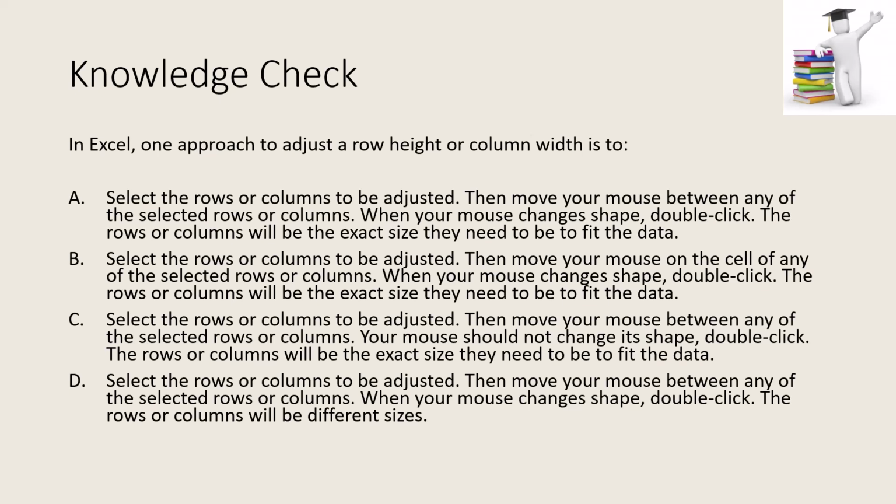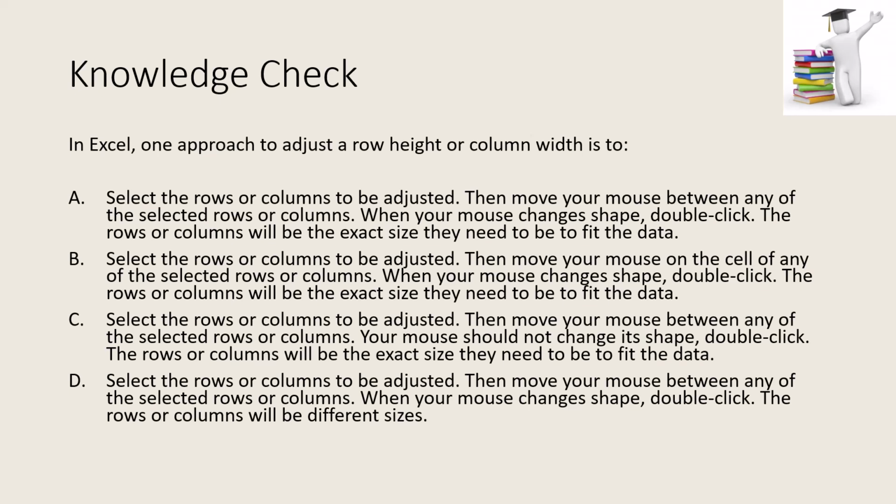C. Select the rows or columns to be adjusted. Then move your mouse between any of the selected rows or columns. Your mouse should not change its shape. Double-click. The rows or columns will be the exact size they need to be to fit the data. D. Select the rows or columns to be adjusted. Then move your mouse between any of the selected rows or columns.